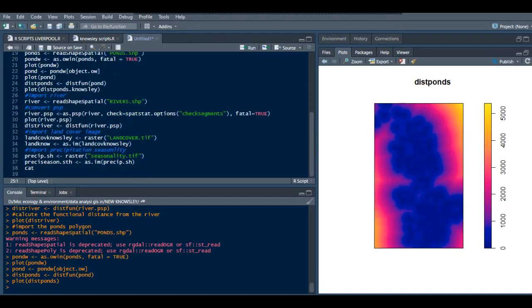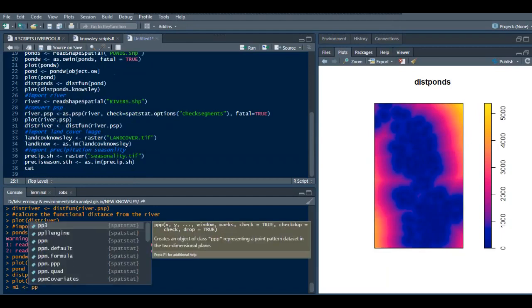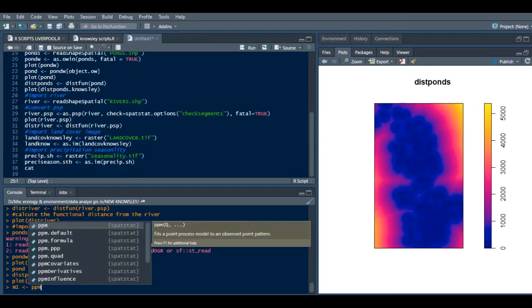I'll first try to write the model one, and then say point process. The function is point process model, which is ppm. If you want help, you can just type help into ppm, or do a systematic search, help into package equals Spatstat package. Then you get a lot of help from there.